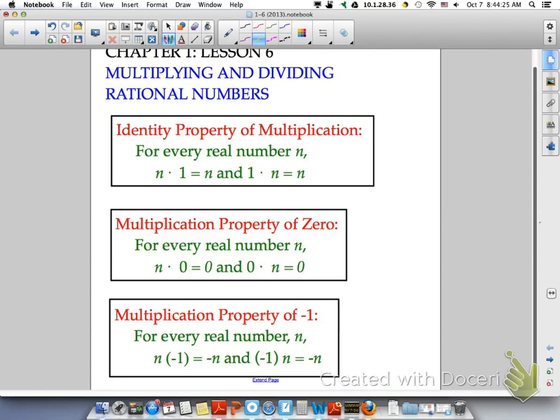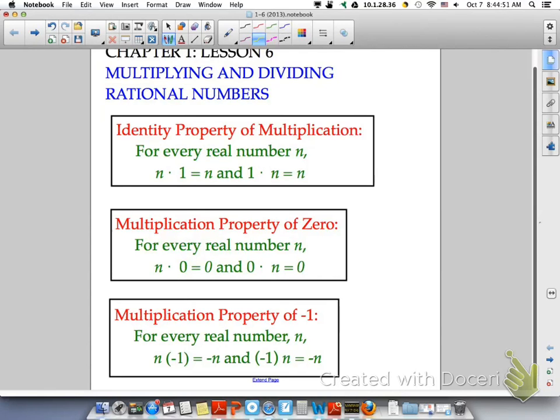But negative times negative would give you a positive, so that means it has to be. But then real, I don't know. So how do you read that -n? So positive n. Now, it's not always positive. If it is positive, n times -1 will give you -n. But if it is negative, it has to be positive. It would be positive n.